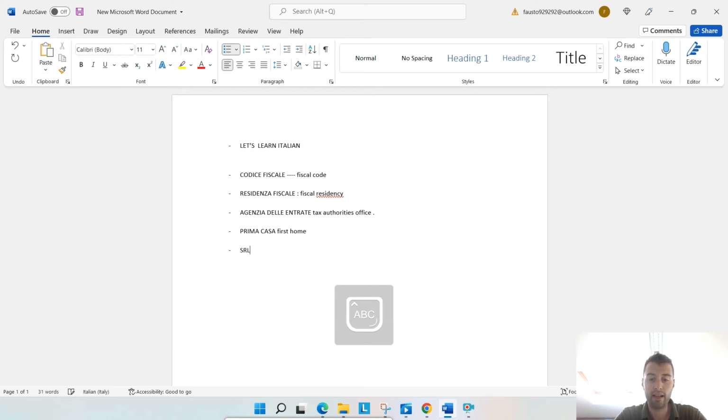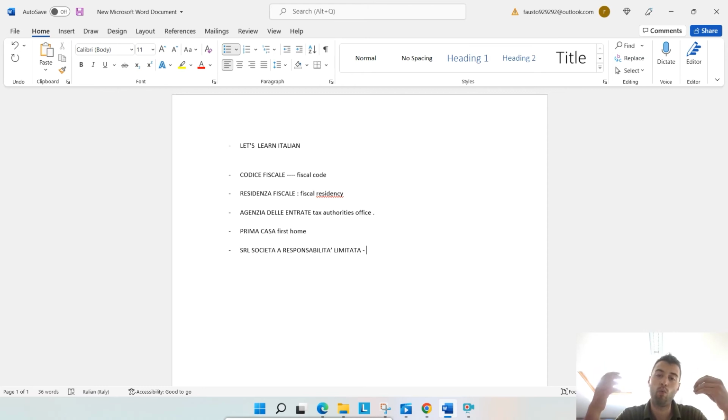Then SRL and SPA. To be more specific, I think you need only this: SRL, Società a Responsabilità Limitata. What is this? Basically, it's the limited responsibility company. So it's the company in which the shareholders have no responsibility but for the capital that they gave.